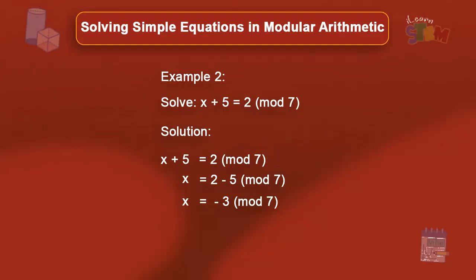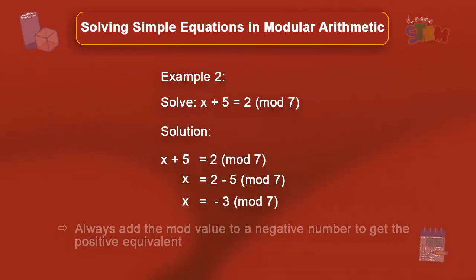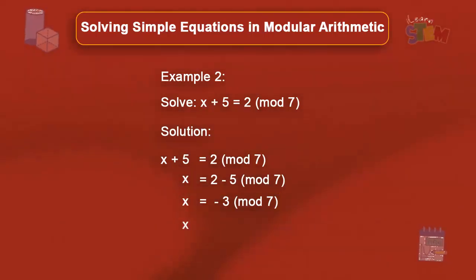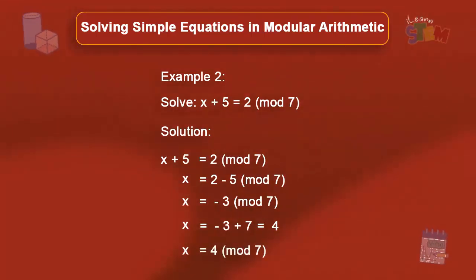But remember we said in lesson 9 that we can always add the mod value to a negative number to get the positive equivalent. Now, let's add 7 to -3. x will now be -3 + 7, which gives us 4. Therefore, x = 4 mod 7. That's brilliant.